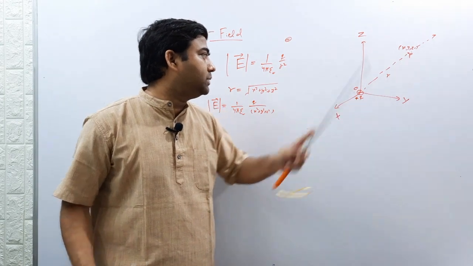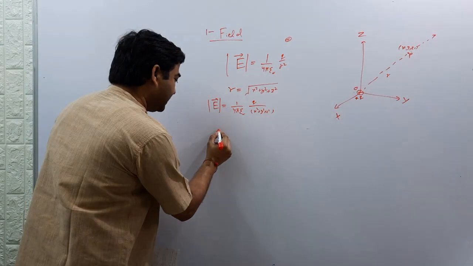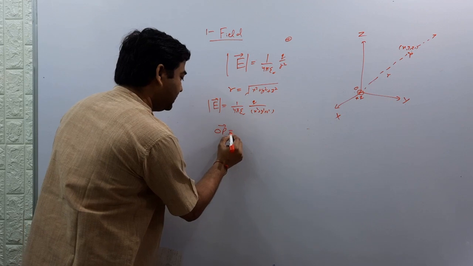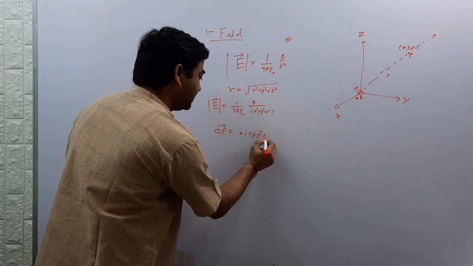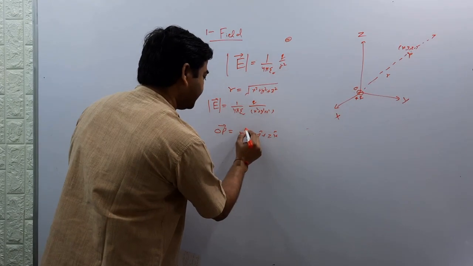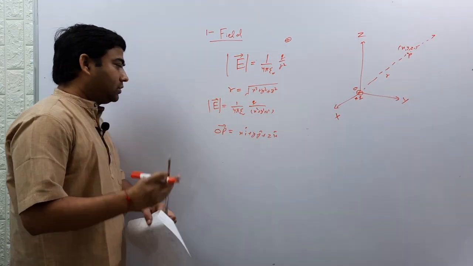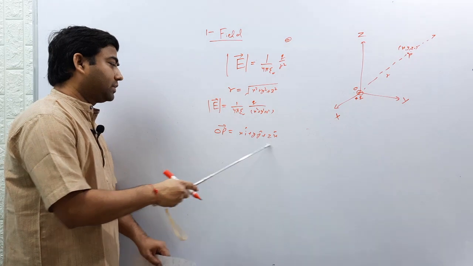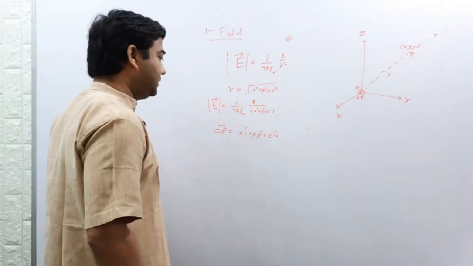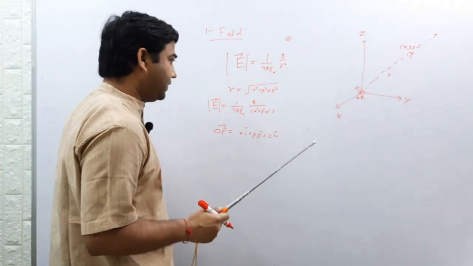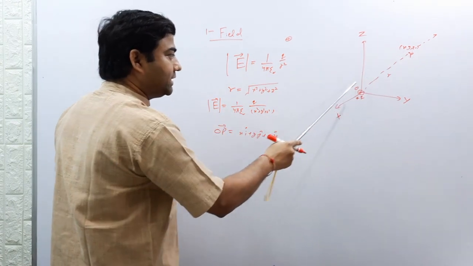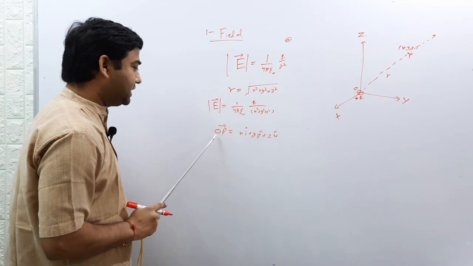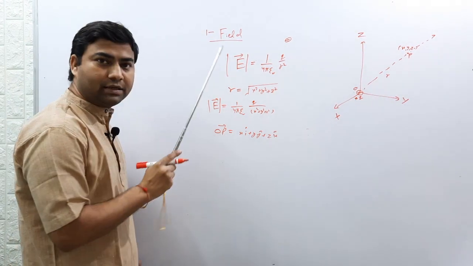That is O and that is P. The position vector of P, OP, is xi plus yj plus zk, the simple representation we discussed in the chapter on vectors.